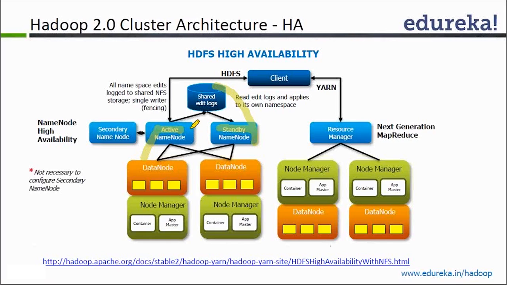But if there is any failure in the standby name node as well and you want a backup mechanism, you can have the secondary name node. So it becomes completely optional to have the secondary name node with the Hadoop 2.0 architecture, but as per the framework, yes, you can have this also as part of the Hadoop architecture.